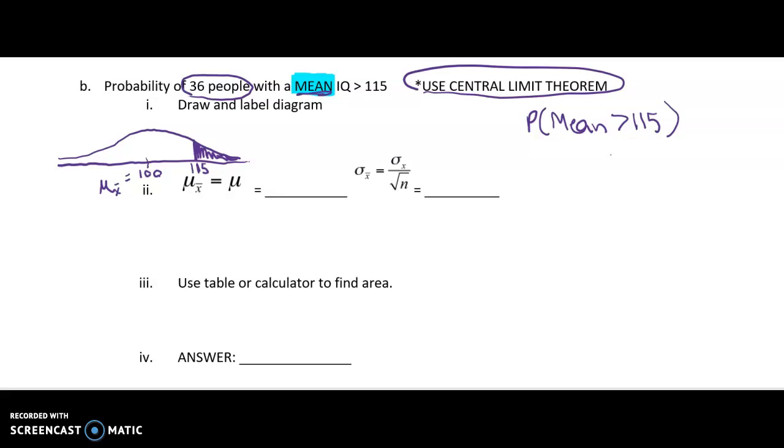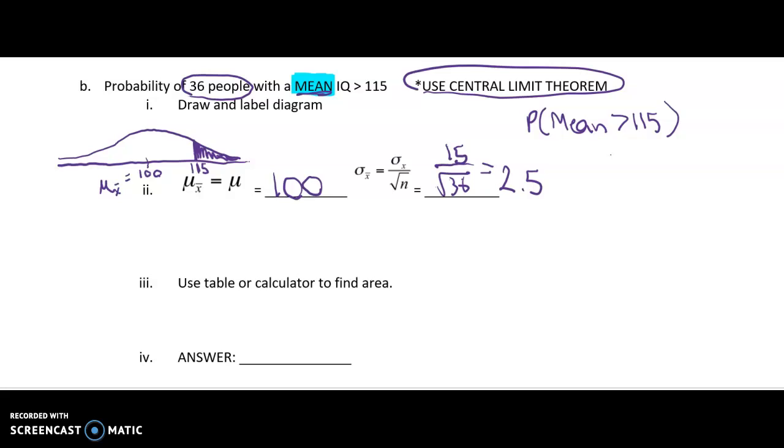Now we need to identify our point estimate for the mean of the means here. It is still going to be 100. So the mean doesn't change in this problem, but we're going to take our standard deviation, which was 15, and divide it by the square root of n. So that would be the square root of 36, or 15 divided by just 6, giving us 2.5.